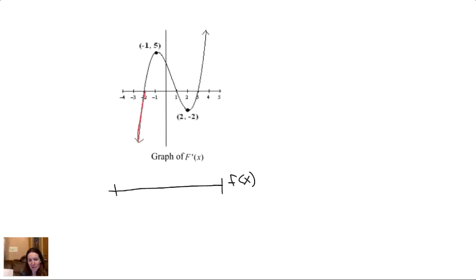The derivative is negative. So if I was writing this out to defend it, I would say that since f prime of x is less than 0, then f of x is decreasing, right? A negative derivative means the function is decreasing. So between 0 and -2, f of x is decreasing.